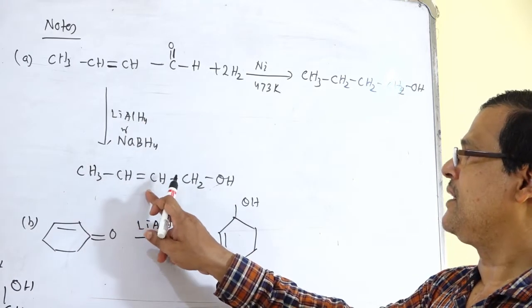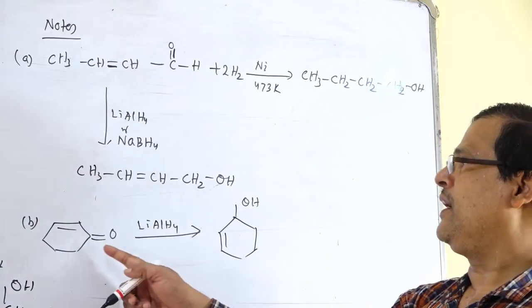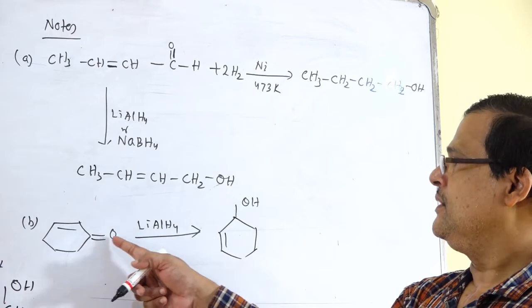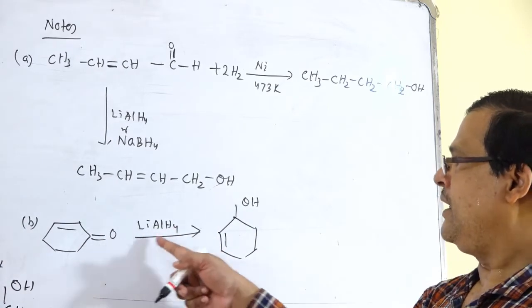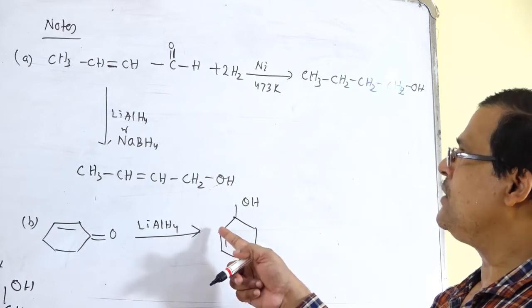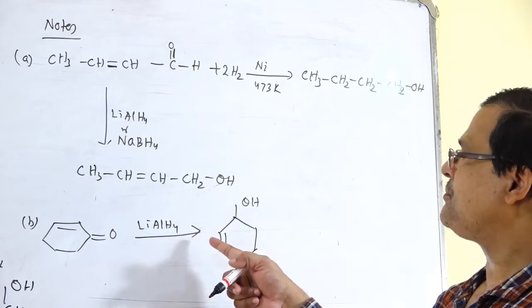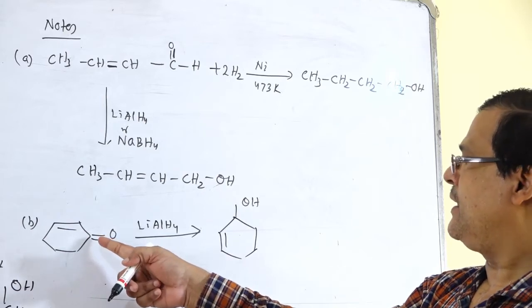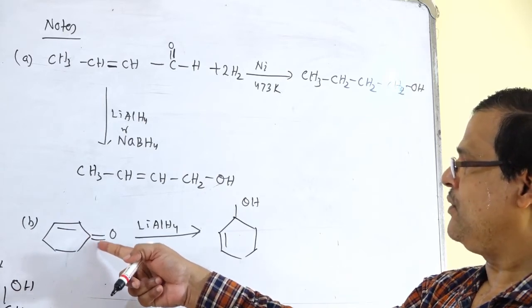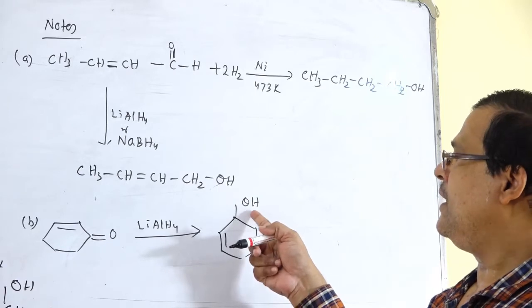Similarly, if we take this compound with LiAlH4, this bond will break, that is the carbon-oxygen pi bond, forming an alcohol.